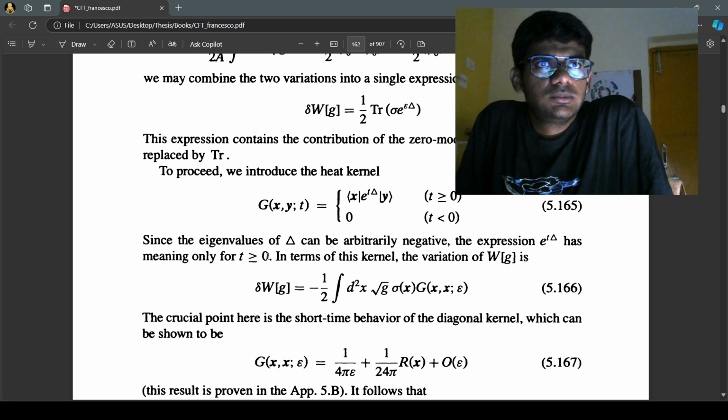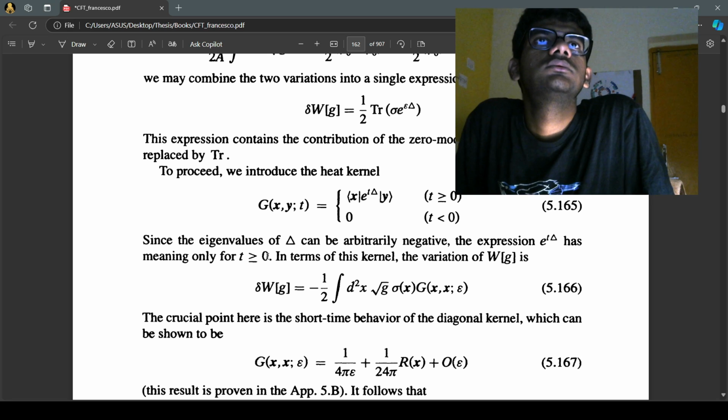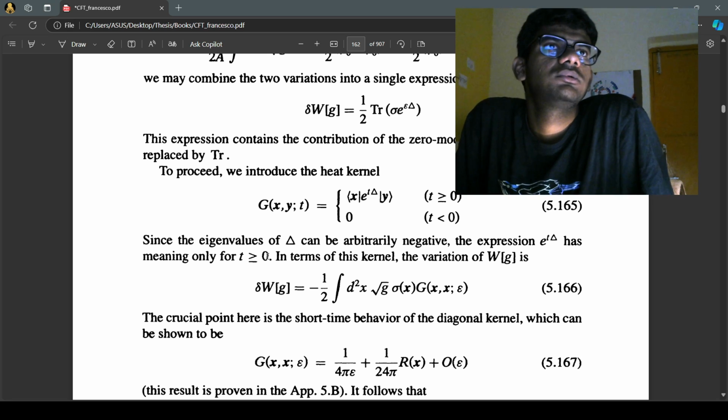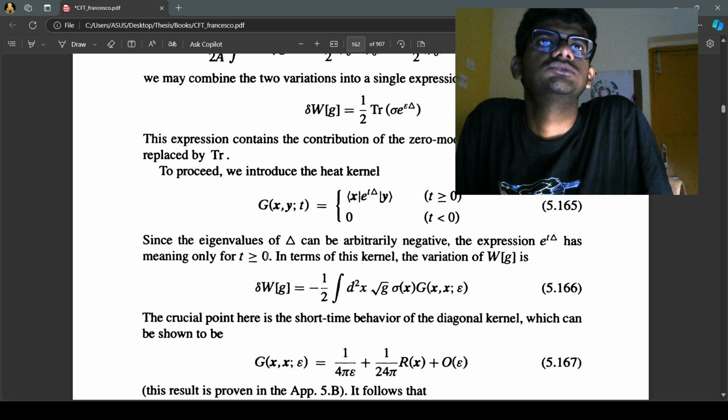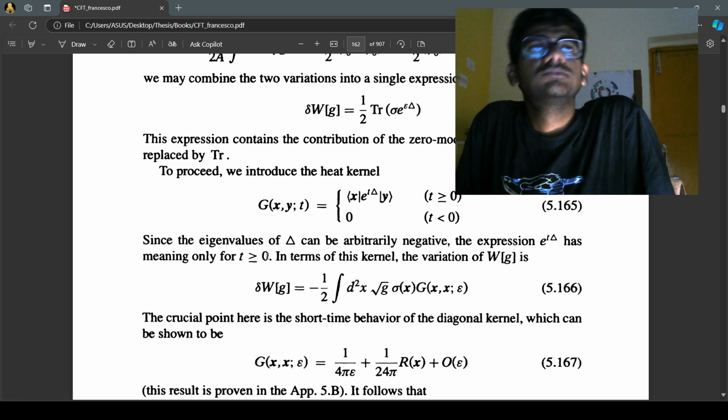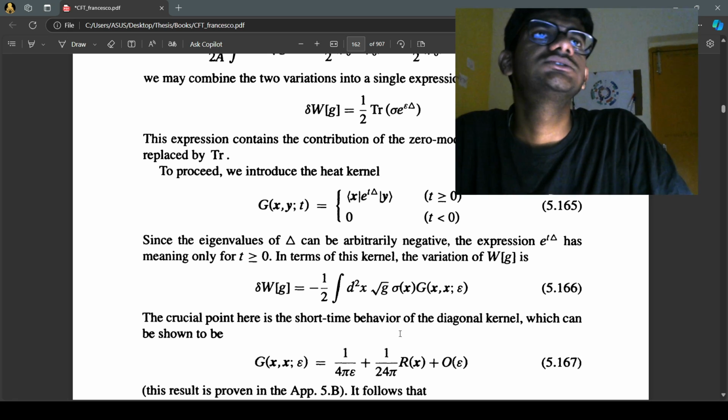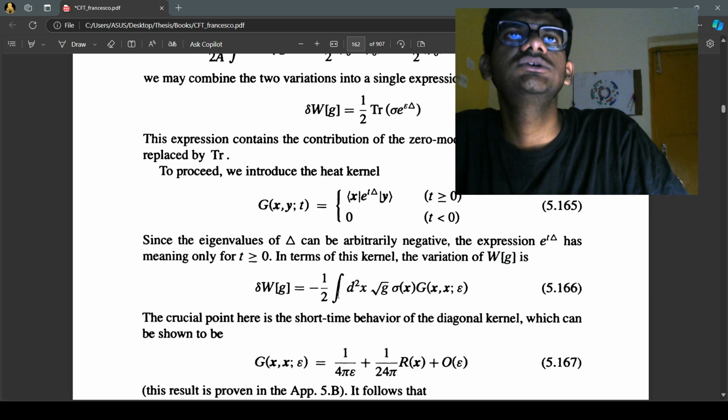In terms of this heat kernel, the variation of Wg is this.